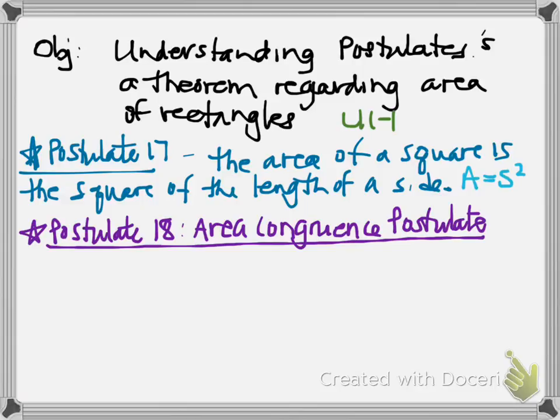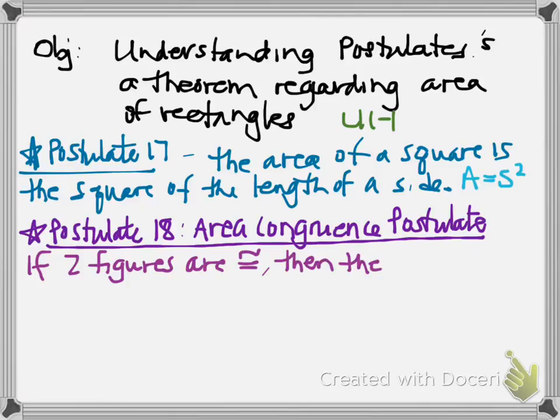And this one states, if two figures are congruent, and remember with congruent figures that means their sides are equal in measurement and all of their angles have the same measurement, then they have the same area. Okay, and that's very reasonable sounding.